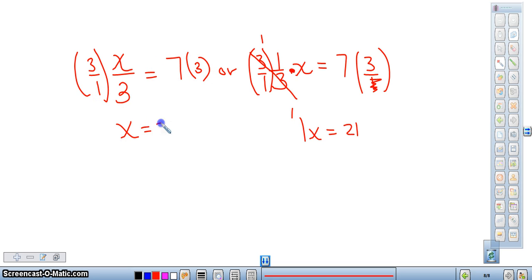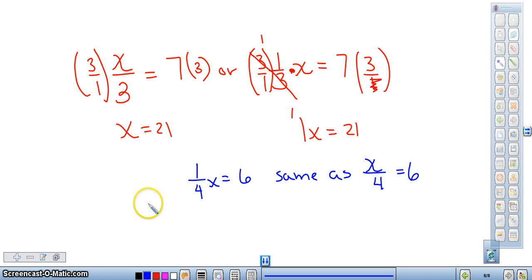The exact same. So one thing that's kind of cool to think about is that if you have something like 1/4 x equals 6, that's going to be the same as x divided by 4 equals 6. Here we're multiplying by the reciprocal of 1/4, which is 4/1.